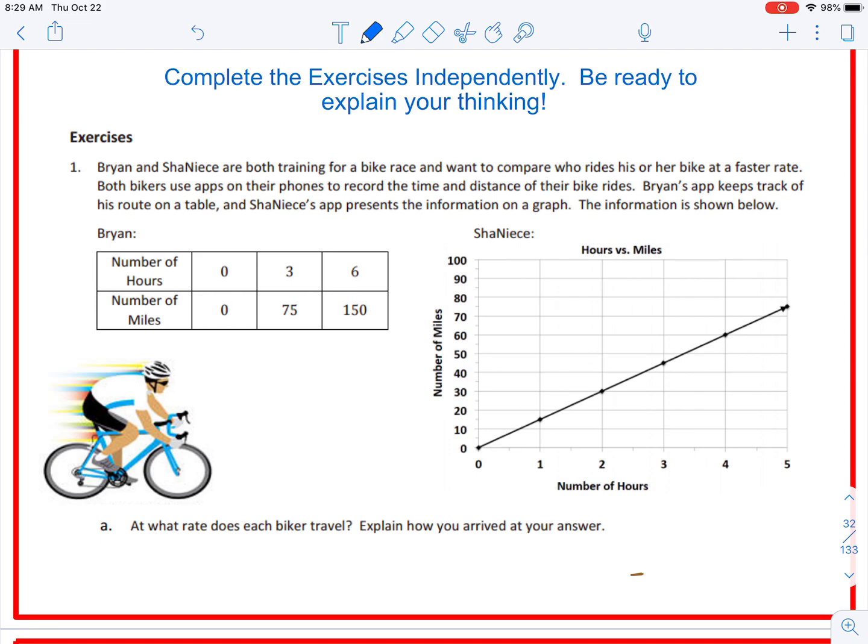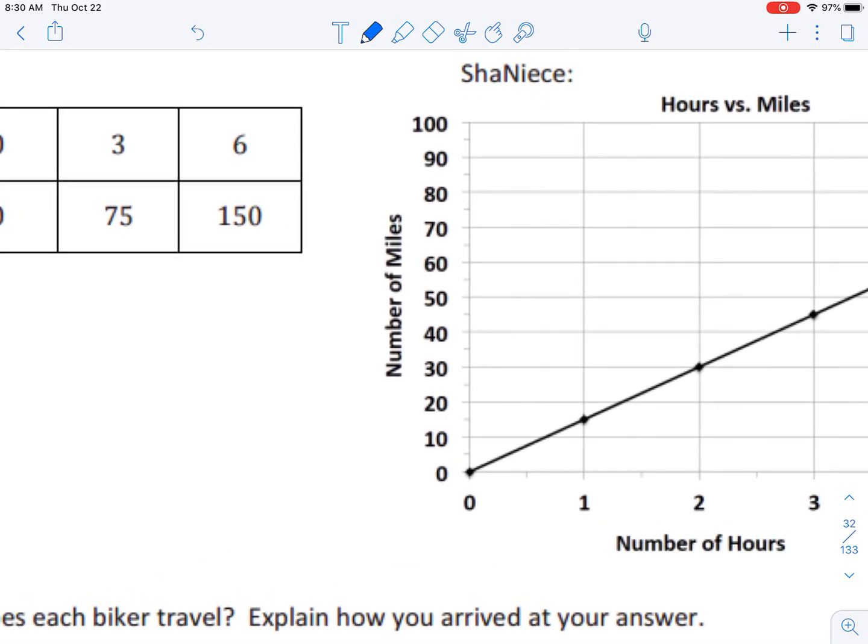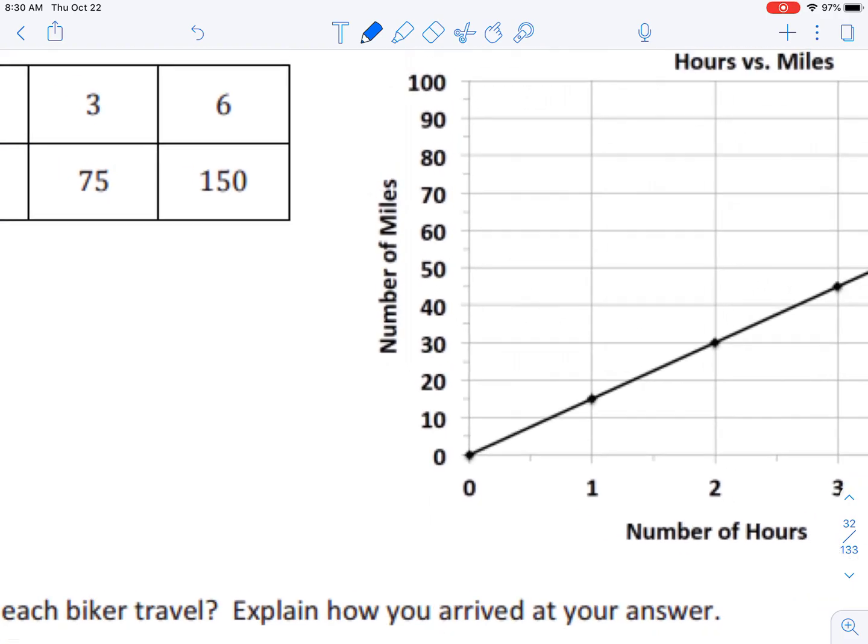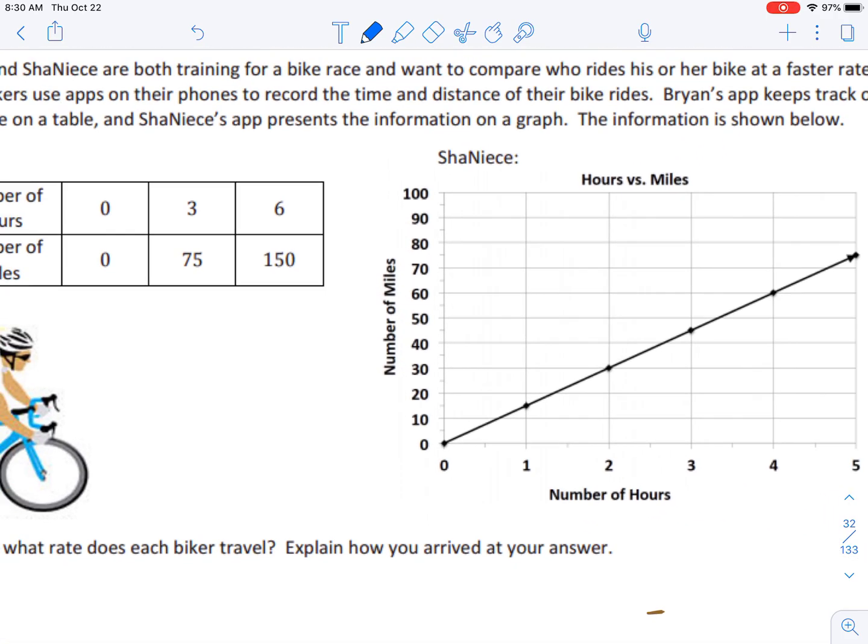The information is shown below. Okay, so we see Brian's table, and in 3 hours he rode 75 miles. Okay, and then we look at Shanice's graph, and we see that in 1 hour she rode about I would say 15 miles.